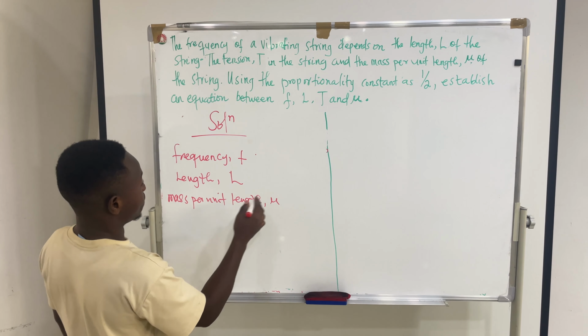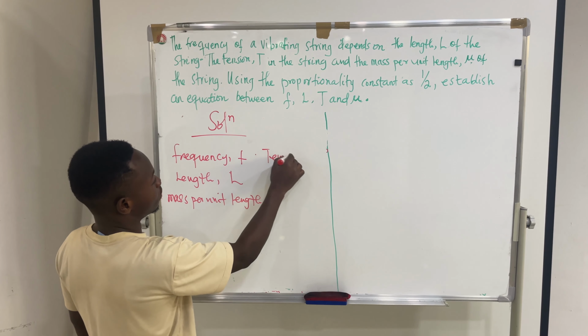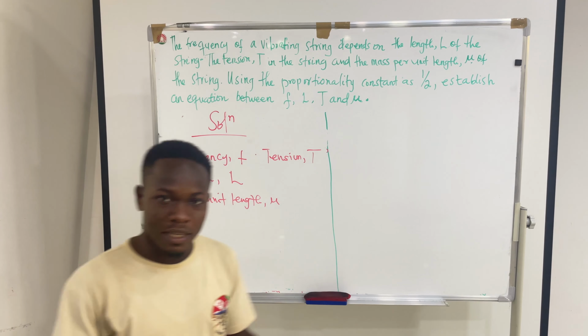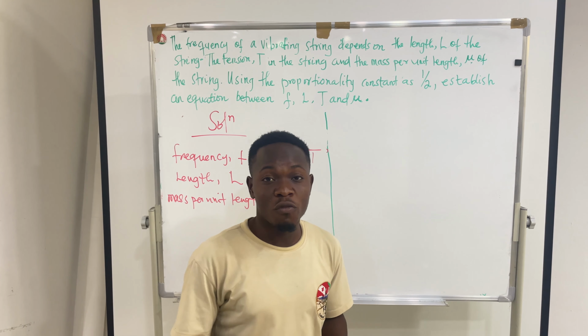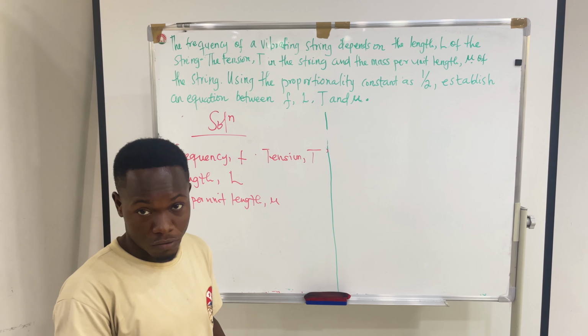There is, what else? Frequency, length, mu, and a tension, T. Mind you, this is dimensional analysis, so before we move on, make sure that you find the dimension of these physical quantities, because that is what we are going to use to solve the question.